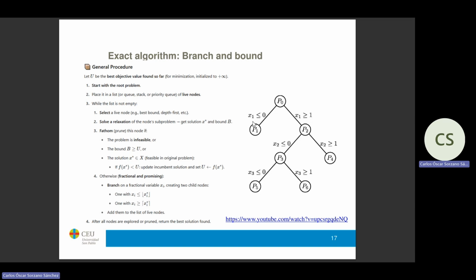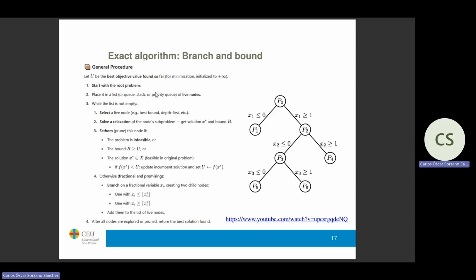So that will give you another problem with an extra constraint, and another problem with an extra constraint. And then this continues. So now you discover that in this P2, x2 is 0.2, and then again, either it is smaller or equal to 0 or larger or equal to 1, and so on. And in each one of these problems, you will have bounds.